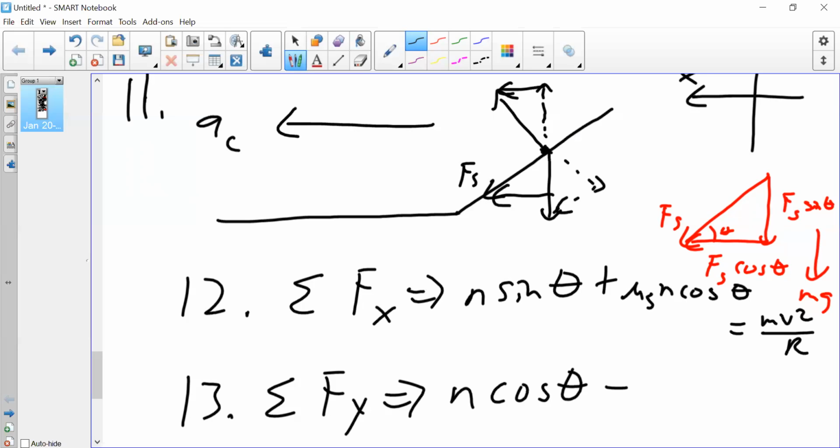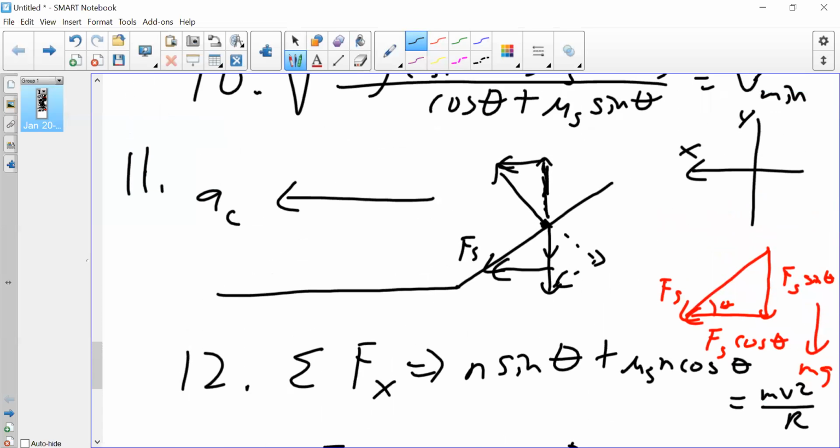So I'm just taking this, and then a part of that, that's mu s n cosine, or sine, and it's negative, and mg is negative. We know this from our frame of reference.